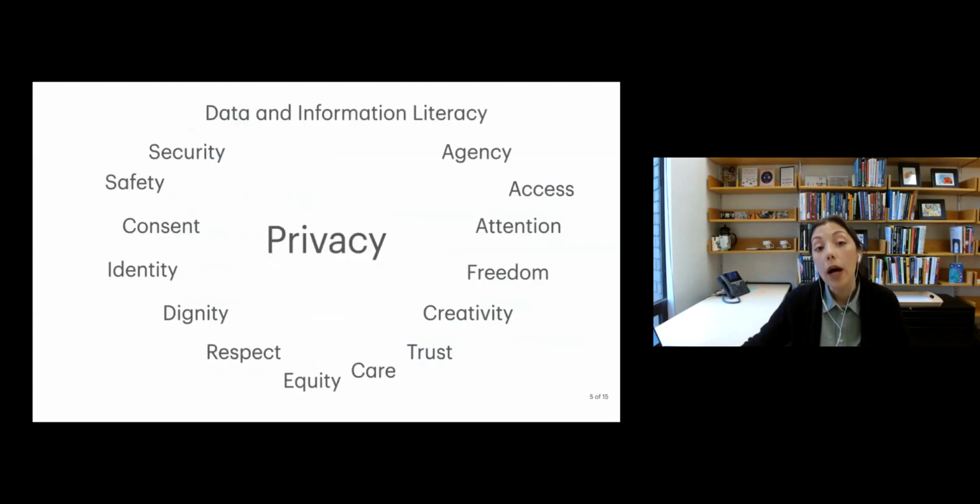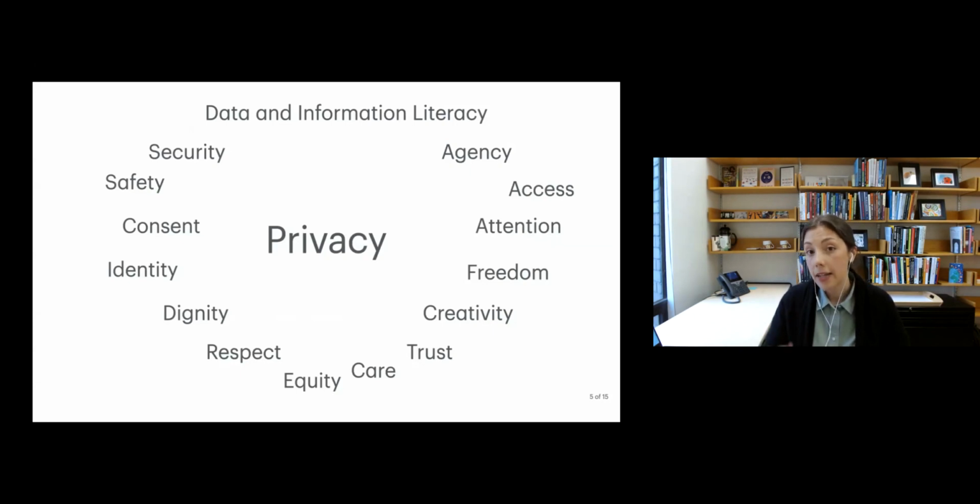And how we handle one issue, say whether or not we can give consent to sharing particular data or information, affects other issues like trust or dignity. This web of ideas and practices of privacy gets at the reason why we sometimes feel trade-offs or tensions between what we value in a particular situation or when we're using a certain information system or technology.